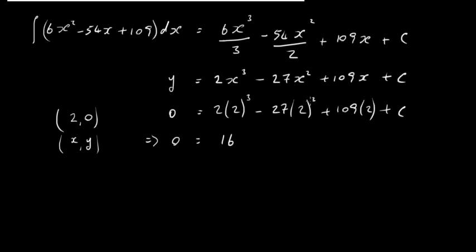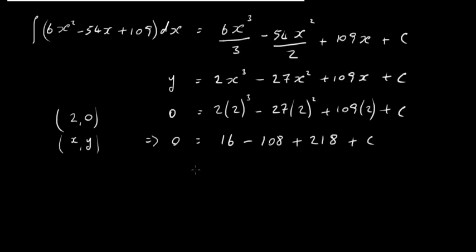Here we get 4 times 27, which is 108. And here we just double the 109, which gives us 218, plus c.